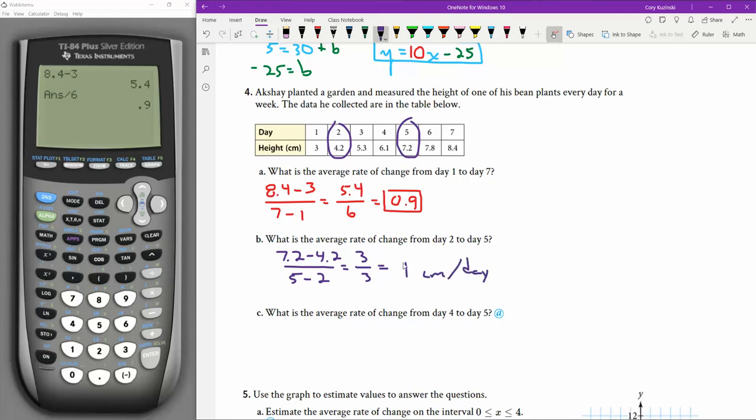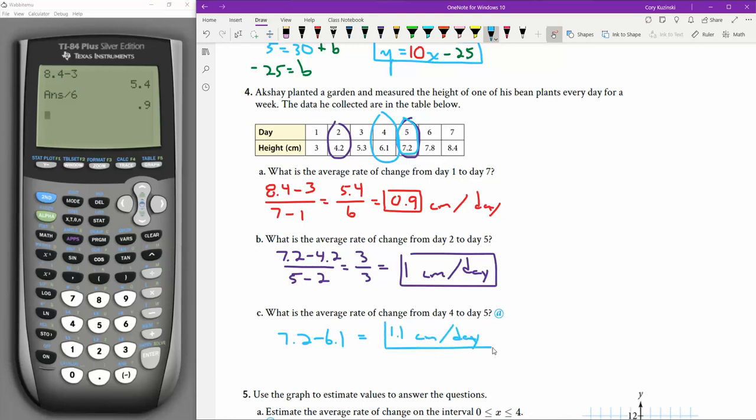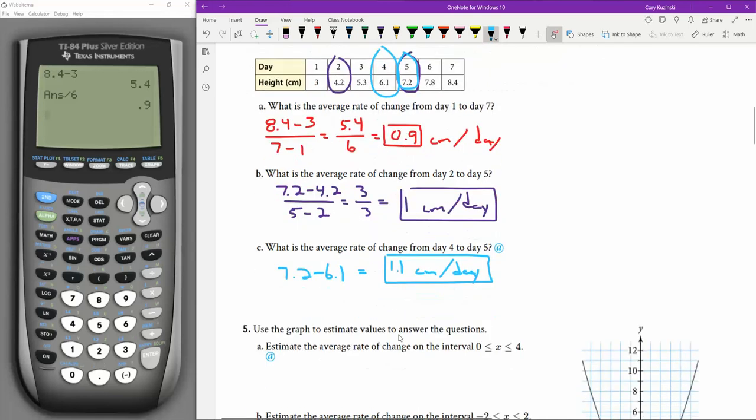I think a label would probably be appropriate on these, right? Centimeter per day. And what is the average rate of change from day 5 to day 4? All right, so we're going to go 5 to 4. I mean, come on. We could do divided by 1, but I think we could just do 7.2 minus 6.1 is 1.1 centimeters per day. I'm not going to bother doing 5 minus 4 is 1, divided by 1. It's still going to be 1.1.